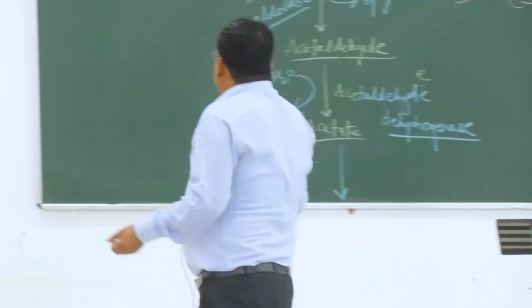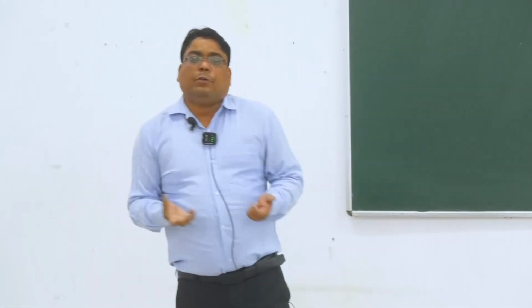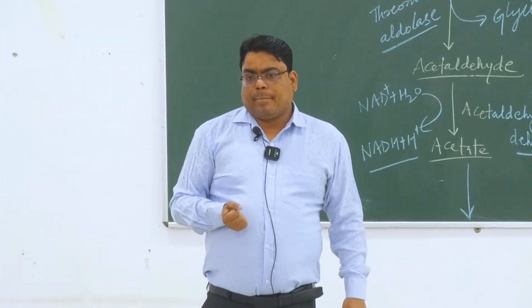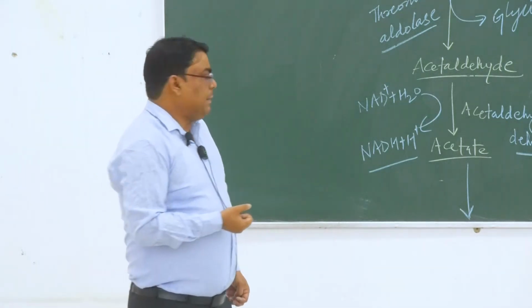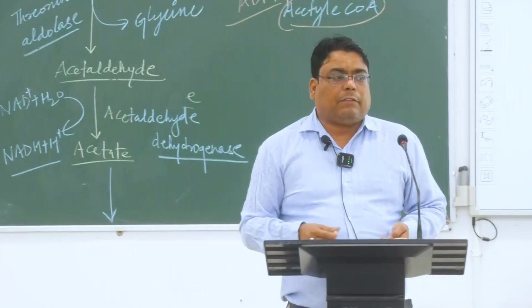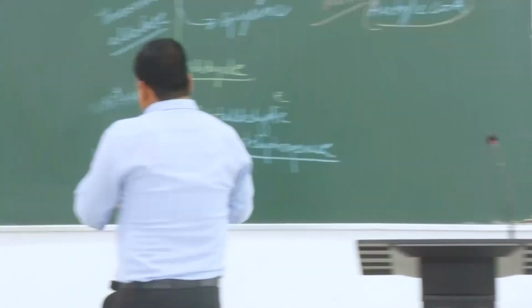So ultimately it is a glucogenic amino acid and the main motto of this amino acid is to produce energy. How does it produce energy? In this way. Protein is utilized.